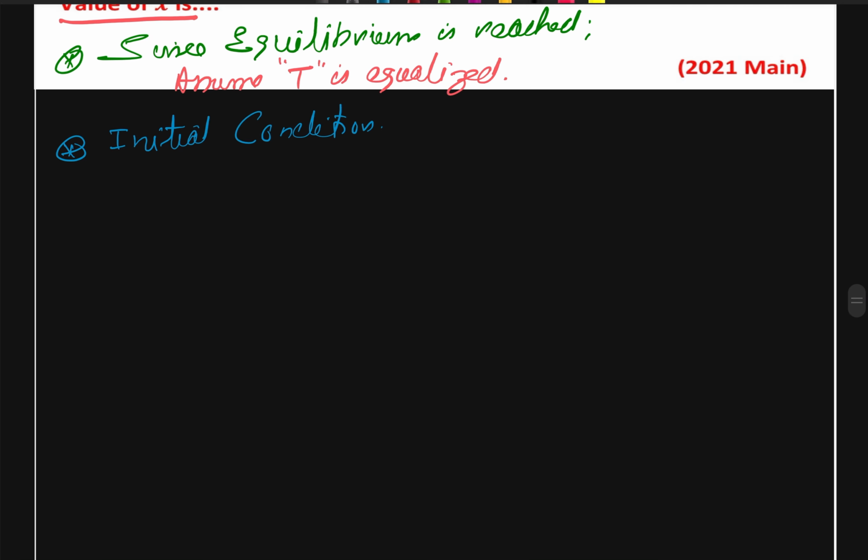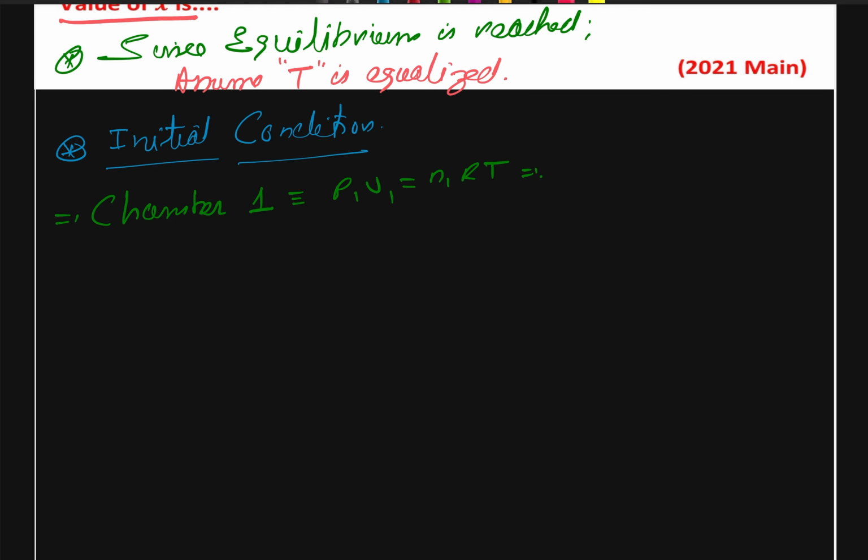So for the initial condition, we have our first chamber. Let us call this chamber 1, and we are going to use the ideal gas equation, that P1V1 is equal to N1RT, and we substitute the values.